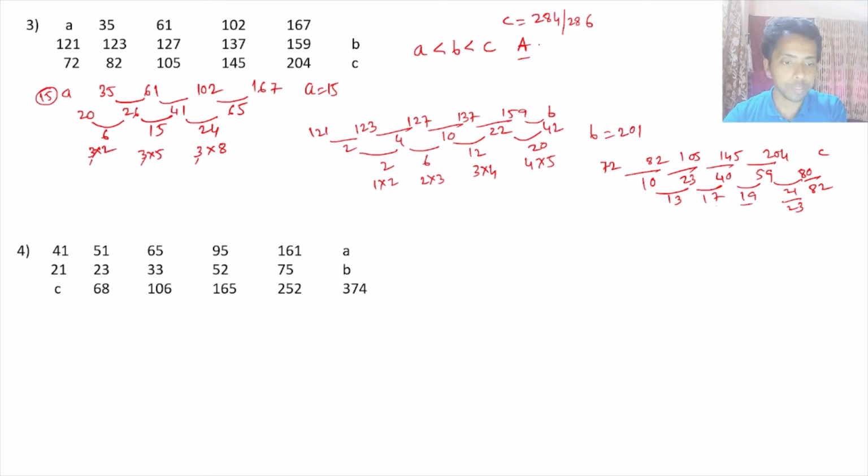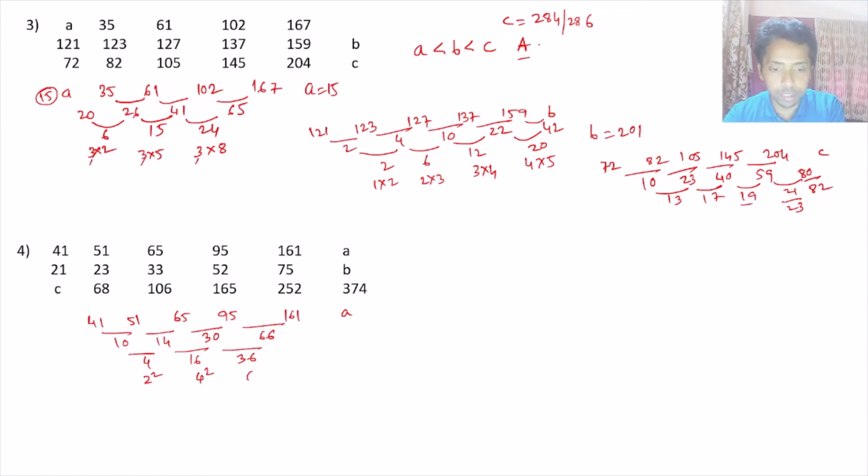Next, 41, 51, 65, 95, 161 and A. This is 10, this is 14, this is 30, this is 66. This is 4, this is 16, this is 36. This is 2 square, this is 4 square, this is 6 square.